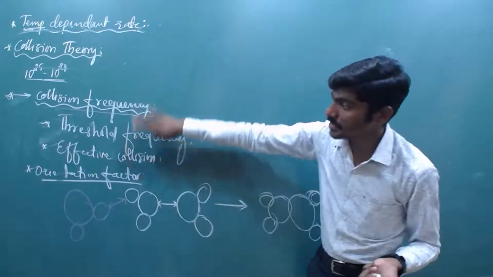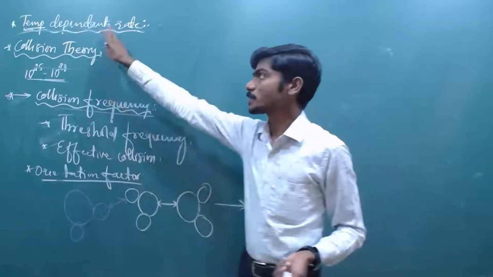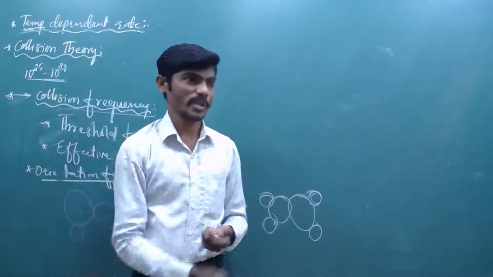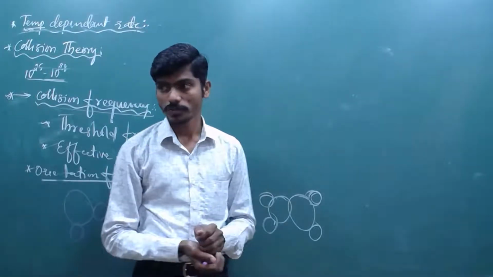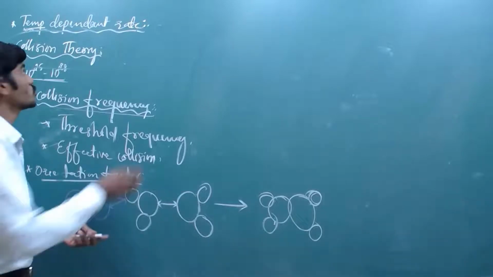So these are some basics of collision theory. Based upon this concept, I am explaining the effect of temperature on the rate of a reaction. Now let's come to the point.